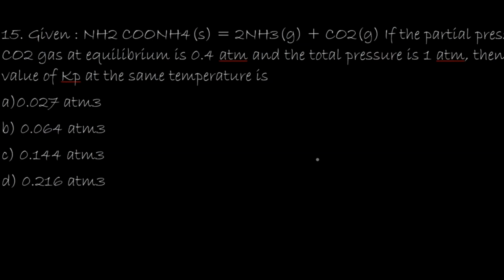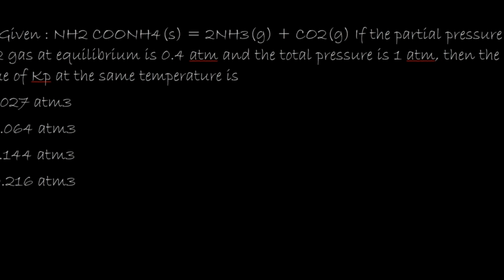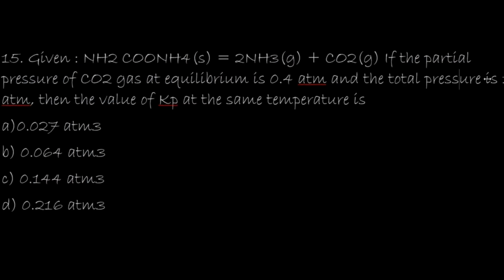Then the next question is asking for the given NH2COONH4 equilibrium with 2NH3 plus CO2. If the partial pressure of CO2 gas at equilibrium is 0.4 atm and the total pressure is 1, then the value of Kp at the same temperature is.